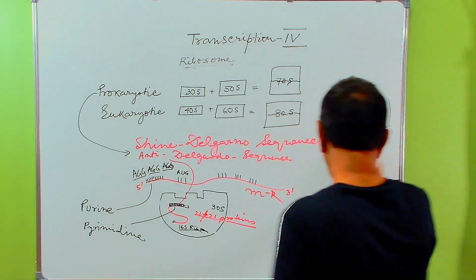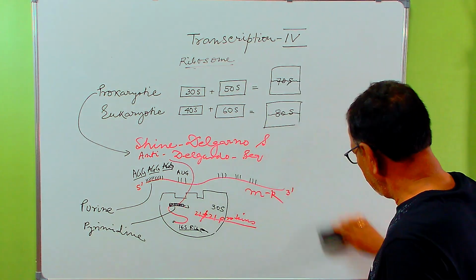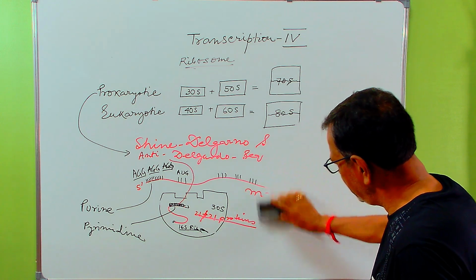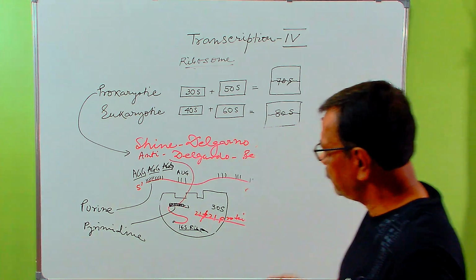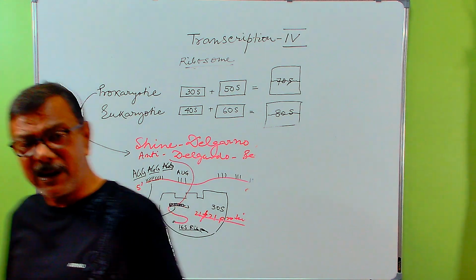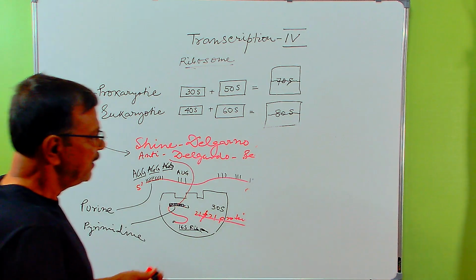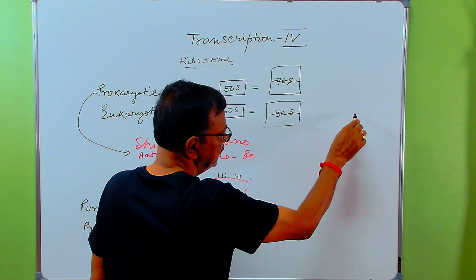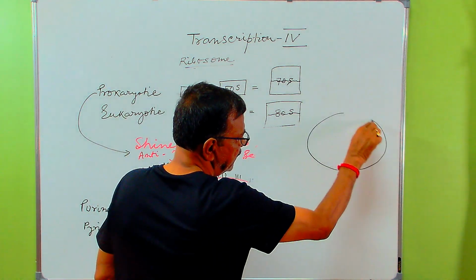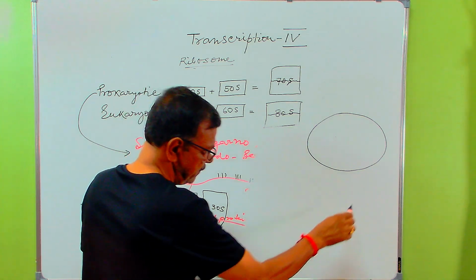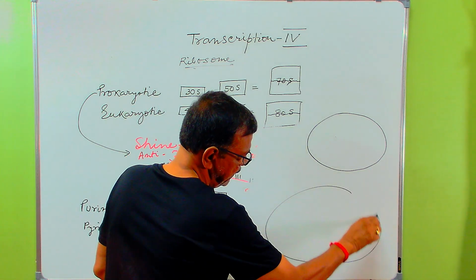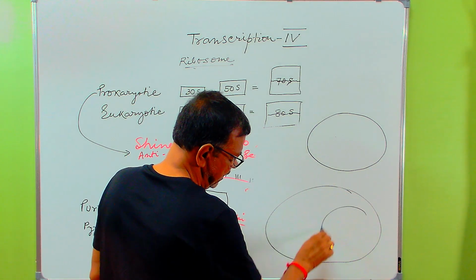Why I am saying that this Shine-Dalgarno sequence is not available in eukaryotes. Why? Let us say this is a eukaryotic cell, and say this is a prokaryotic cell.